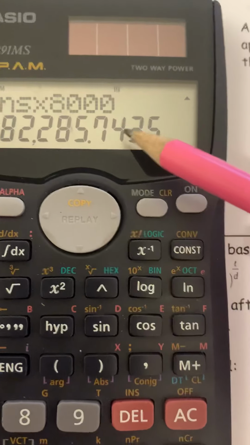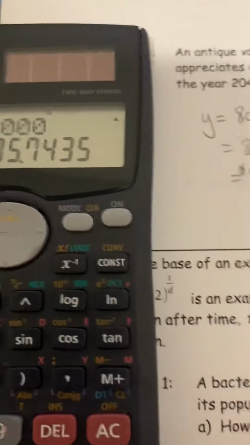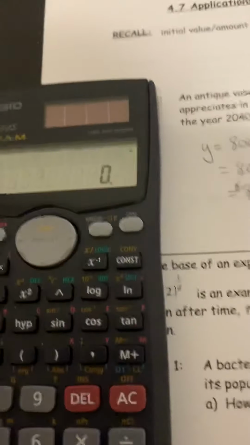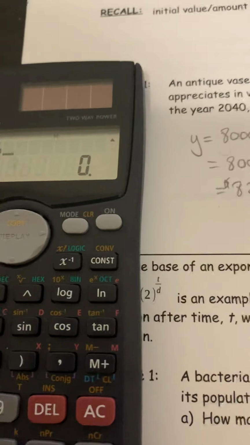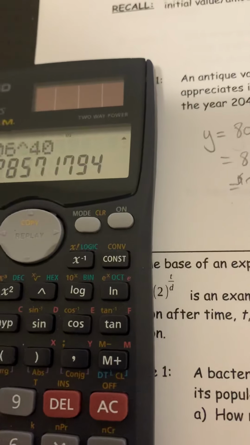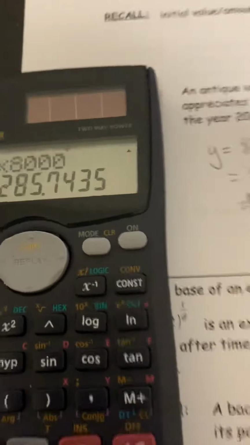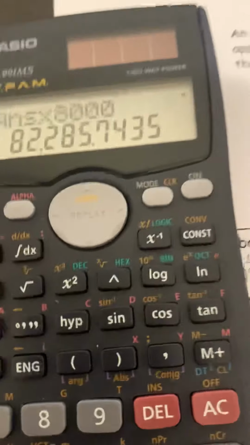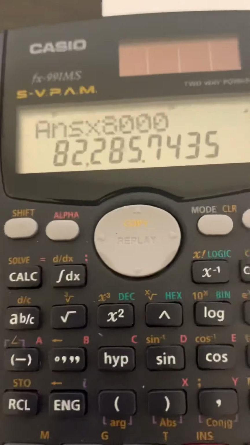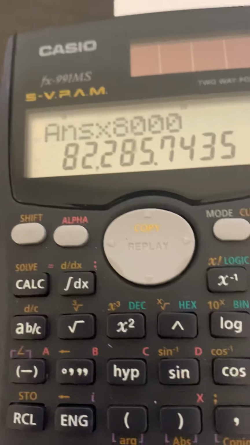Okay, this is a 3, so this stays as a 4. So I double check that one more time. That seems like a lot. 1.06 to the power of 40 times 8,000. Yeah, that's the answer. Okay, so that vase, which started at $8,000, going up by 6% a year, is now worth $82,000.